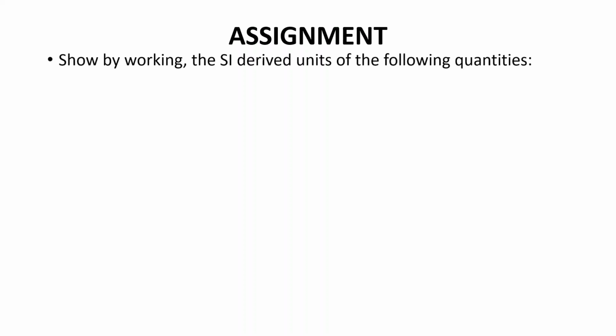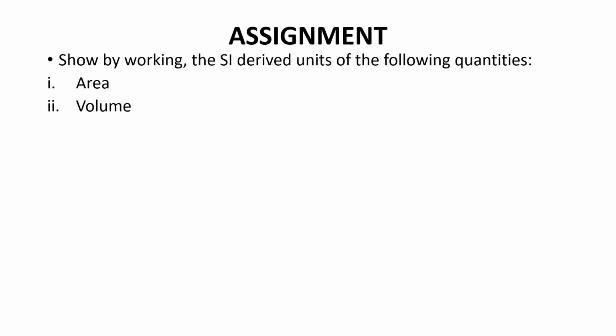To end our lesson, I have an assignment for you. Try your hands. There are 10 questions. So let's look at this assignment. Show by working the SI derived units of the following quantities. 1. We have area. 2.